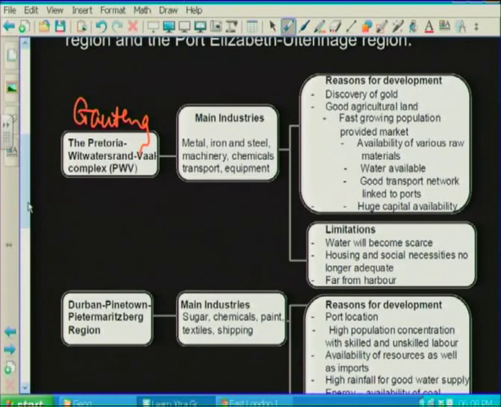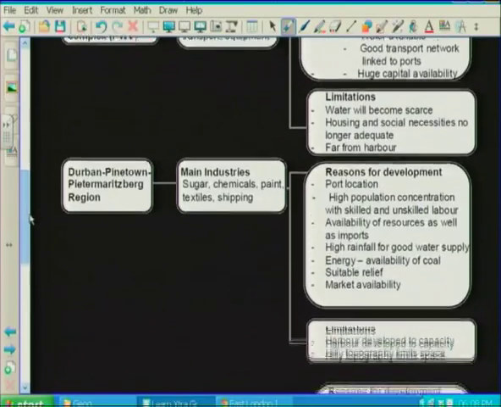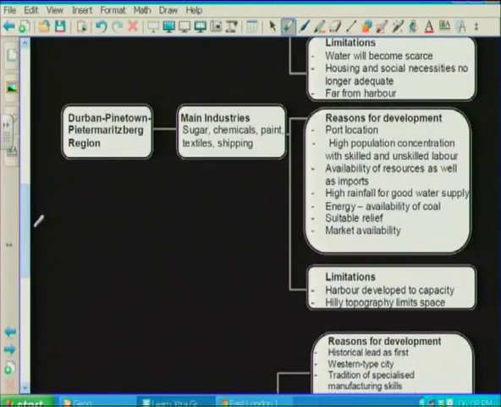There were various raw materials here, not just gold and diamonds, but also good water, transport, and the capital availability. By that time, we were still part of the British Empire, and they funded or paid for a lot of our mining processes. The limitations are that water is scarce up here.